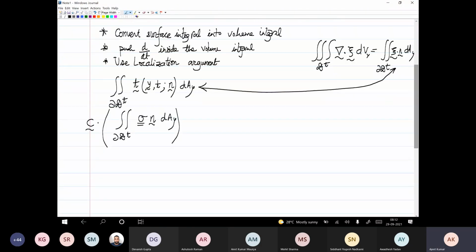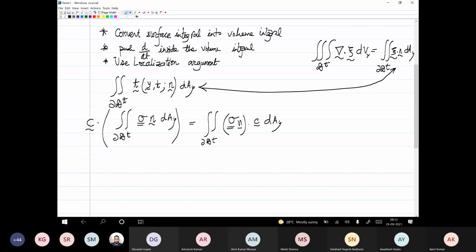All right, so if we do that, since it's a constant, we can bring it inside the integral, and then we have the integral over del dt of sigma n dot c da.